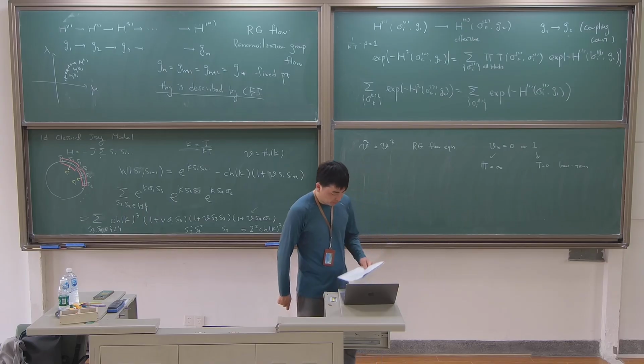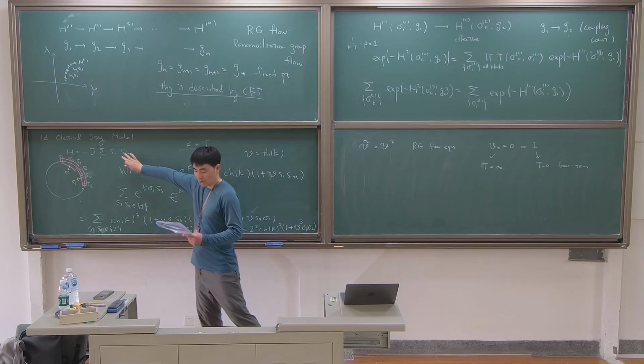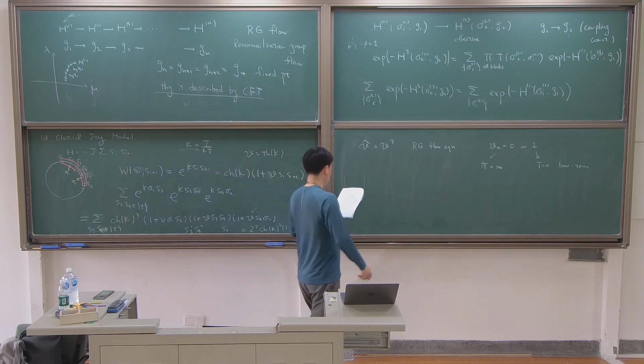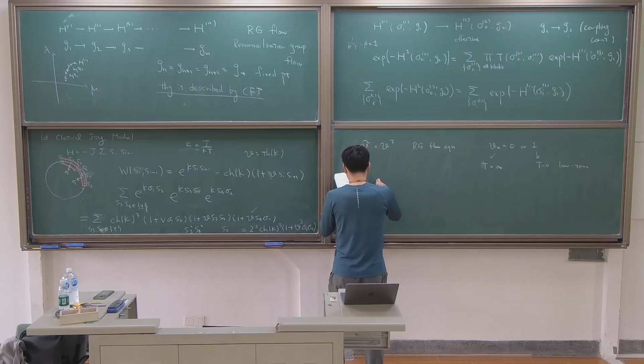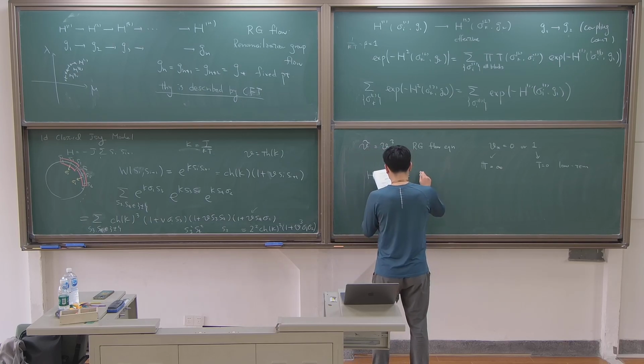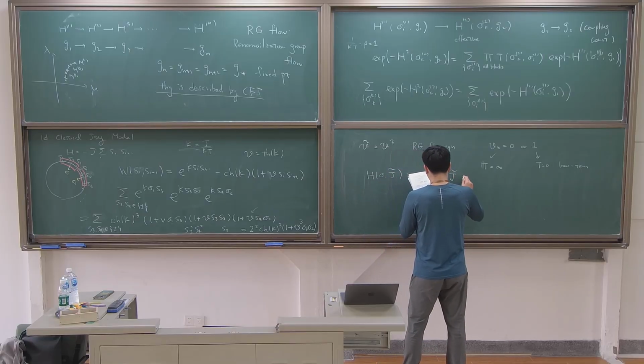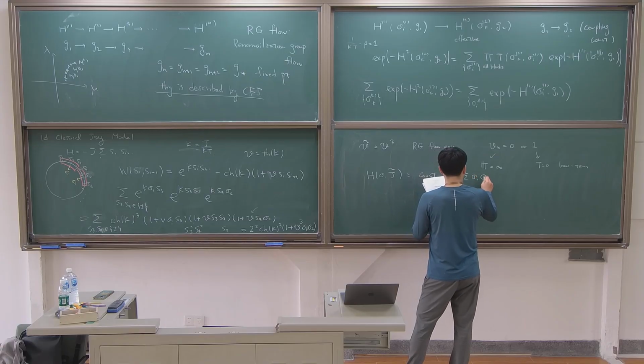And the new Hamiltonian: you start with this Hamiltonian, but now we have this kind of Hamiltonian, so the H has some constant which is not important, minus J tilde, sum over sigma i.